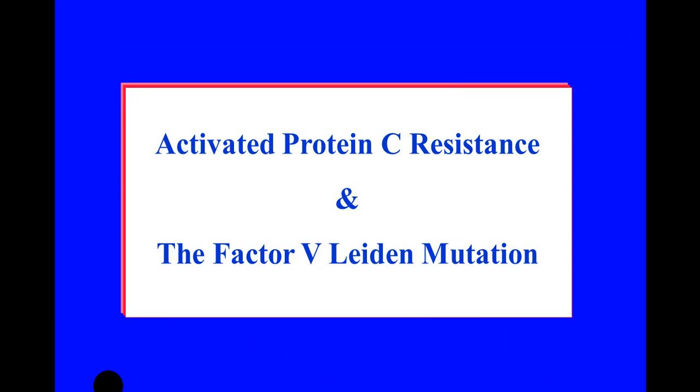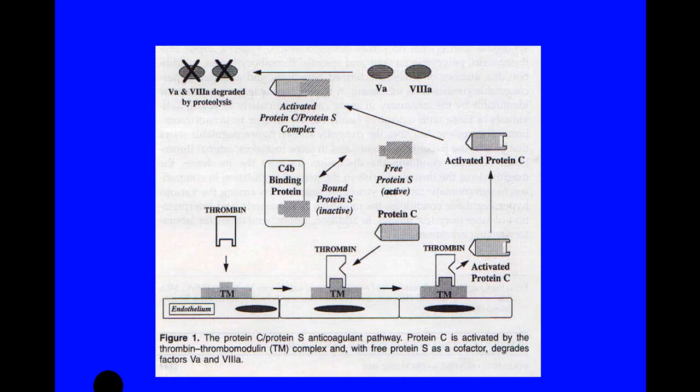Activated protein C resistance, the factor V Leiden mutation. As you see in this diagram, this is the endothelial surface, and this is tissue thrombomodulin. Protein C and S are essential for regulating thrombus formation.